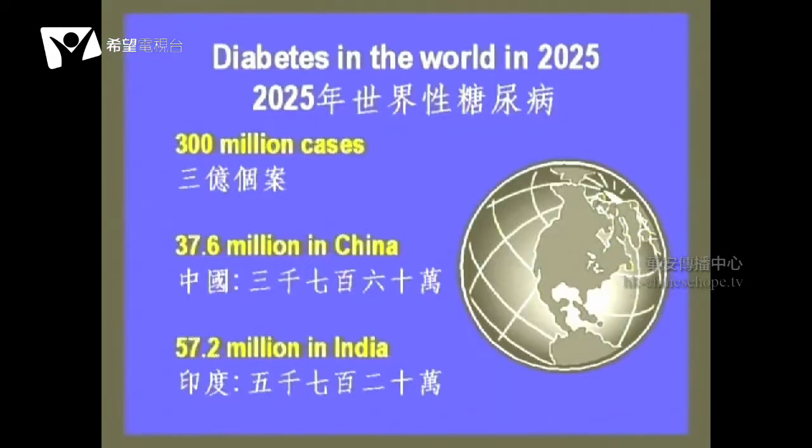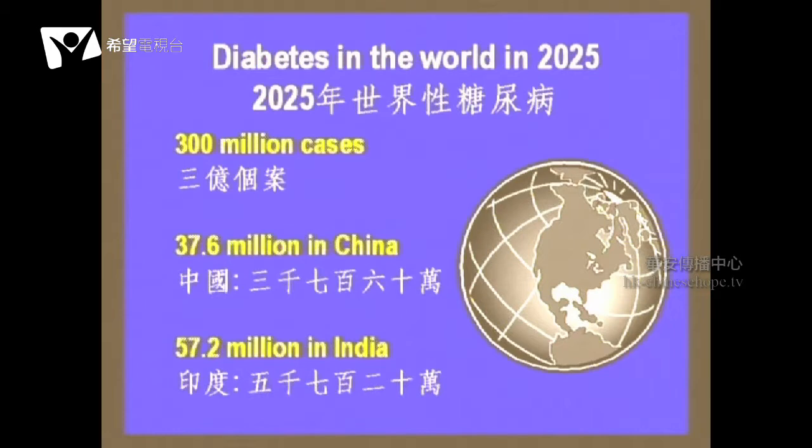The estimate by 2025 is that we will have 300 million cases of diabetics in the world. For sure, this is going to be worse than AIDS, SARS, or bird flu. The problem is that most of these cases are going to come from China.